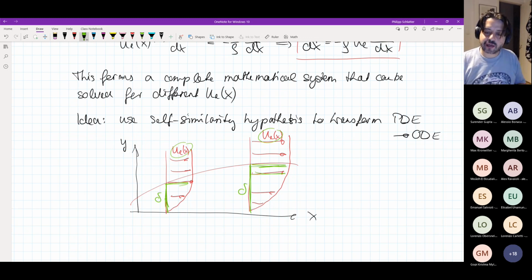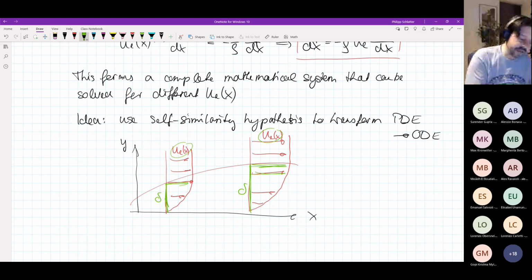So that's the basic idea behind finding solutions to the boundary layer equations. It's a very simple idea, but of course, it allows you to go from a partial differential equation in x and y into an ordinary differential equation of only one variable.